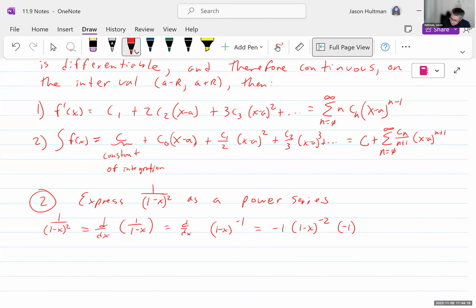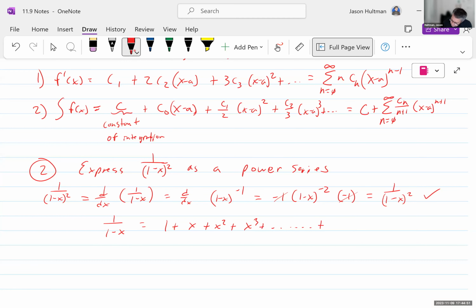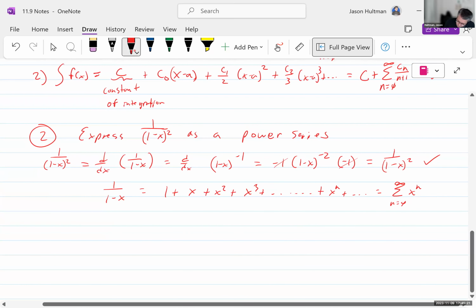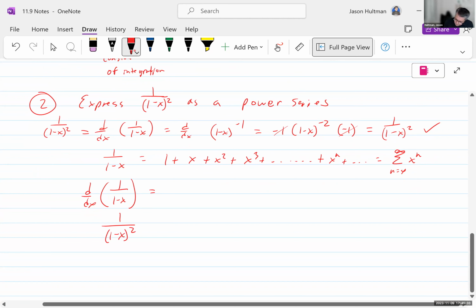So if we take our original power series, 1 plus x plus x squared plus x cubed plus dot dot dot plus x to the nth, that's equal to the summation n equals 0 to infinity of x to the nth, because the constants here are just 1, and we take the derivative of that, we differentiate term by term, then d dx of 1 over 1 minus x is equal to 1 over (1 minus x) squared, that we just showed from above.